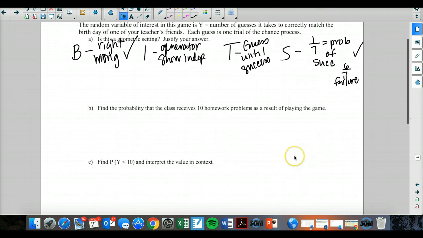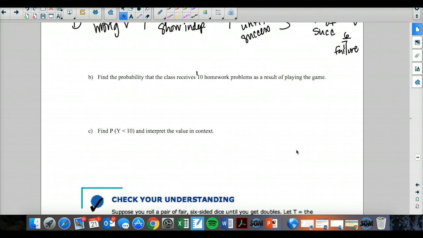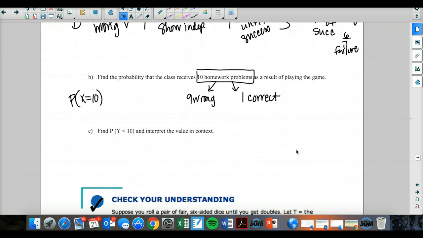So question 2 says, find the probability that the class receives 10 homework problems as a result of playing the game. So when I think about 10 homework problems, I'm thinking, okay, they had 9 wrong guesses, then they had 1 correct guess. So to find the probability that x equals 10, that means they got success on their 10th attempt. That is 9 wrong attempts.